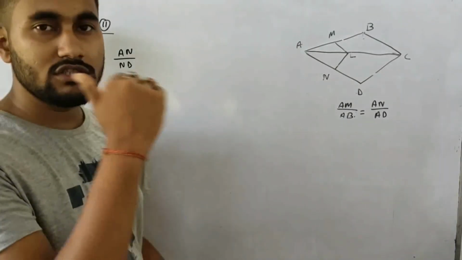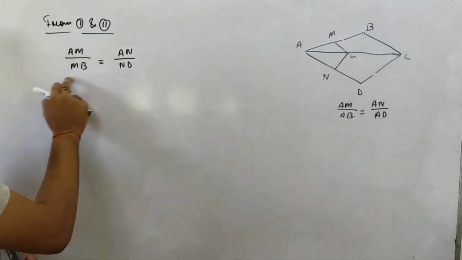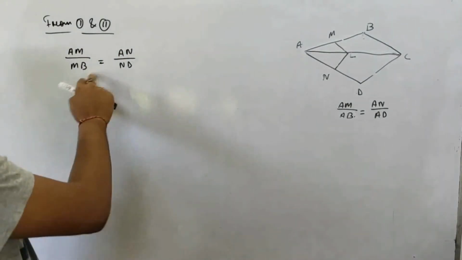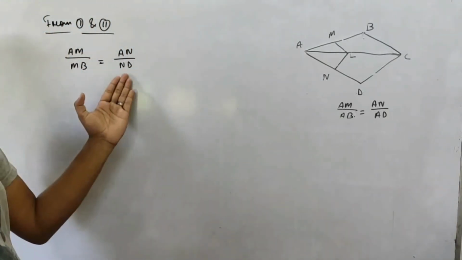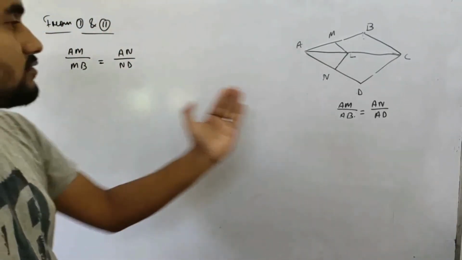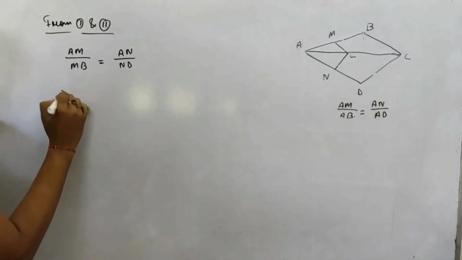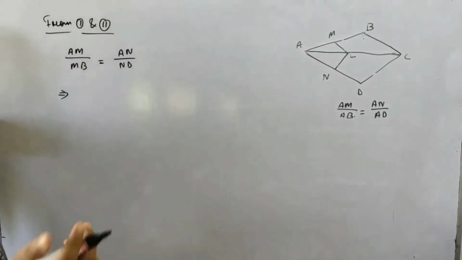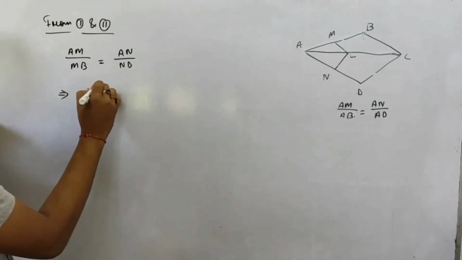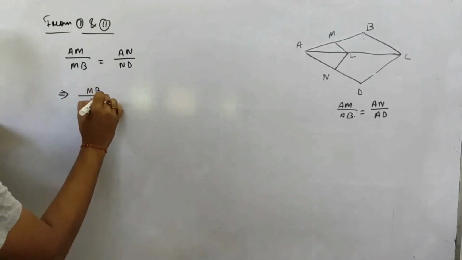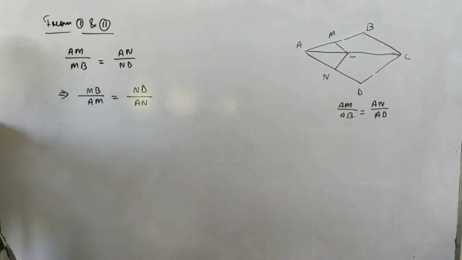Whenever something is there to change, that part you will bring to the numerator. Like over here MB, I have to change MB to AB. So I will take MB up. Similarly, I have to take ND also up, because in place of ND I need AD. So to bring this up, simply take the reciprocal on left hand side and right hand side. That is MB by AM will be equal to ND by AN. Simple, done.